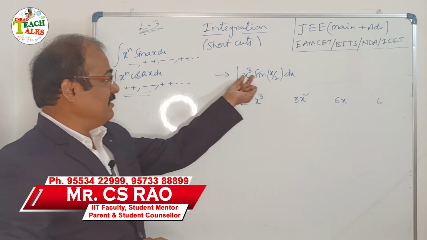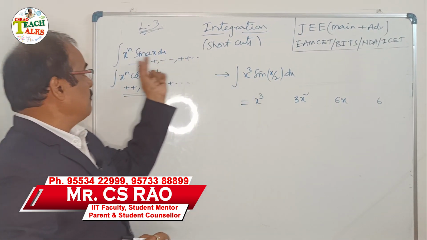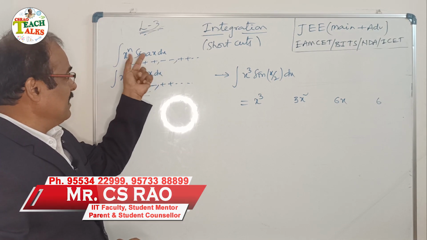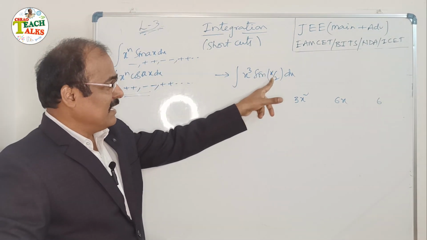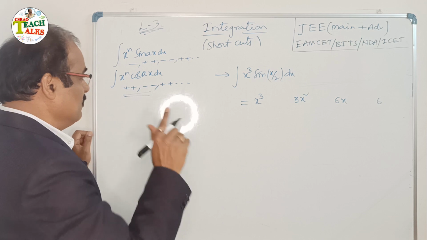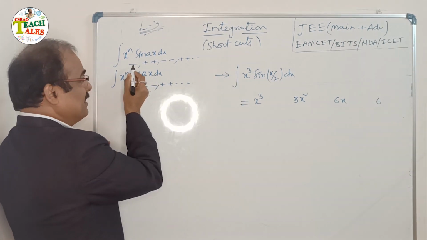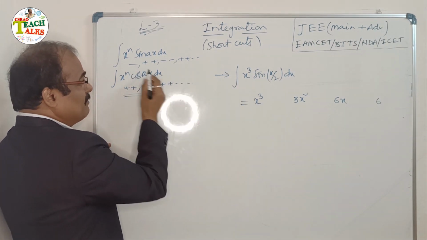And this is sin x, power n. What is a here? The x coefficient is 1 by 2 here. Remember that one, that is very important. Here 4 terms are there.